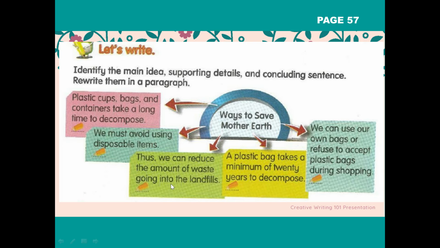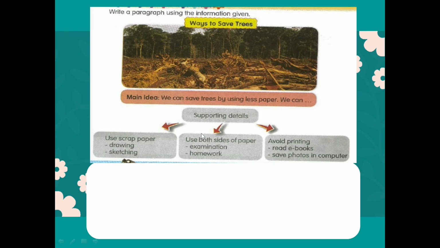Landfill is a place where you dig a big hole and put all the rubbish into it, and then you fill it with land. So it's called landfill. It's a way to get rid of trash. Okay, so let's continue. Write this in a paragraph in your book.